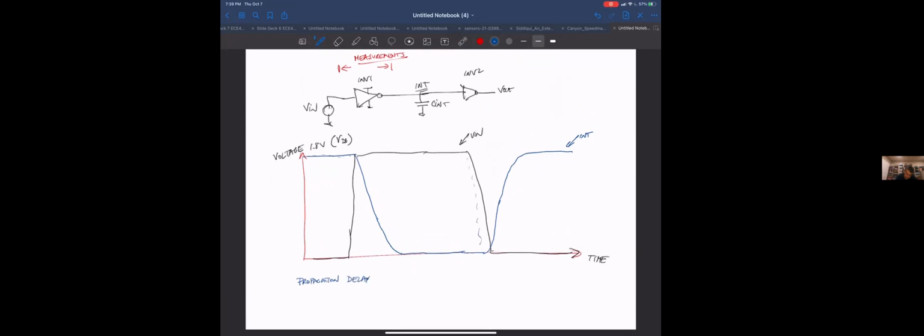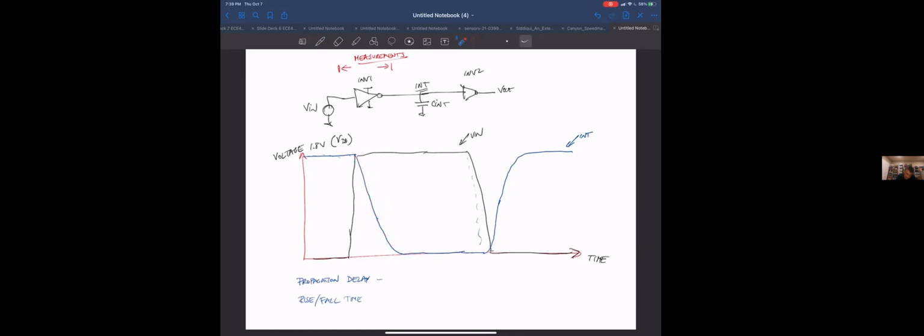And then there is rise fall time. Propagation delay is a measure of how long the transition takes, so roughly it's a measure of the time from when this input changes to when the output changes.